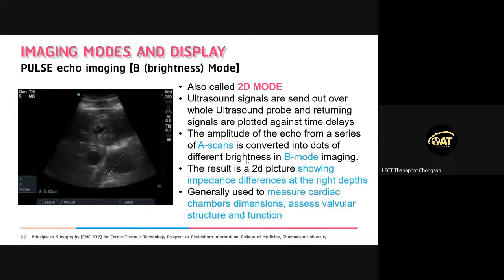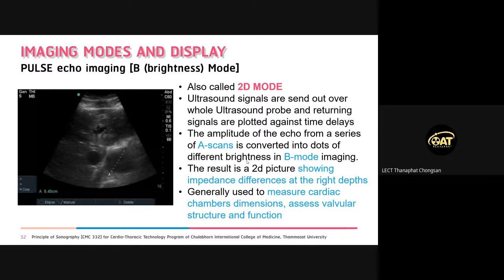Okay, the next pulse echo imaging mode and display is B mode or brightness mode. B mode is converted from A mode by dotting different amplitudes or intensities of the echo pulse and creating brightness. This mode gives 2D information. B mode is different from A mode in display.